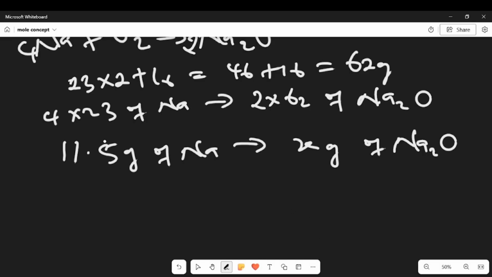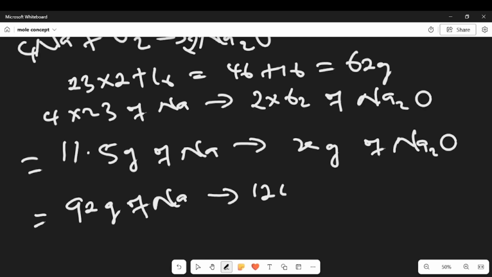All right, so 4 by 23 will give you 92 grams of sodium, and 2 times 62 will give you 124 grams of sodium oxide.